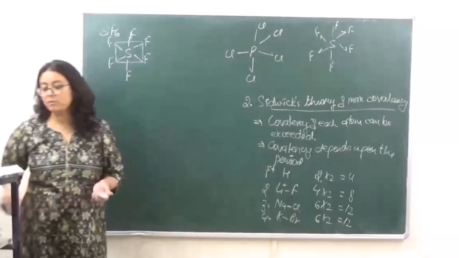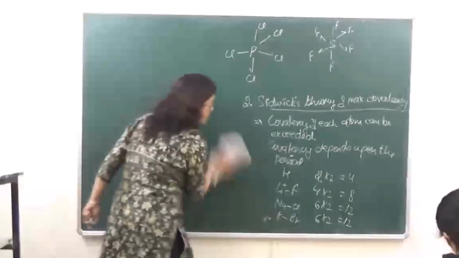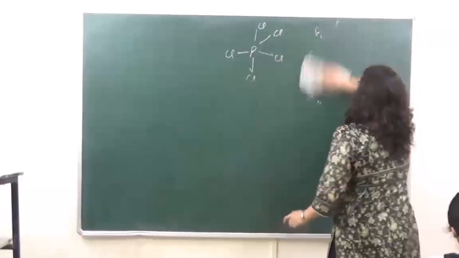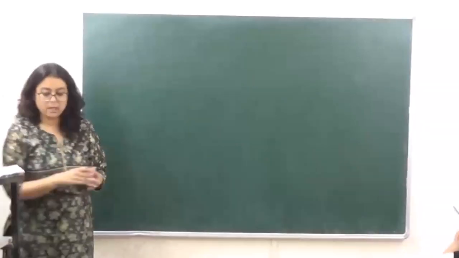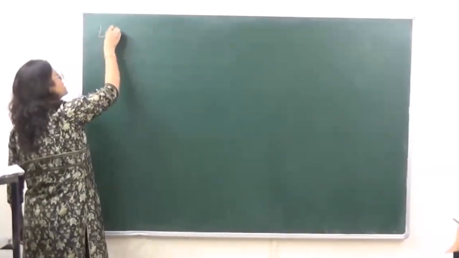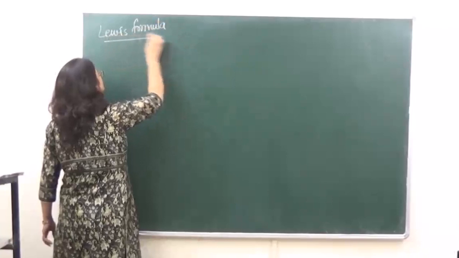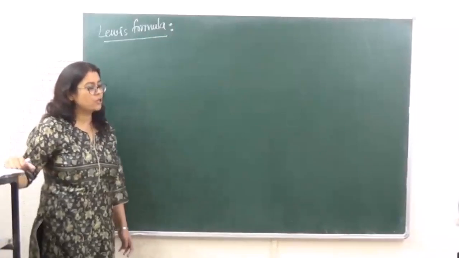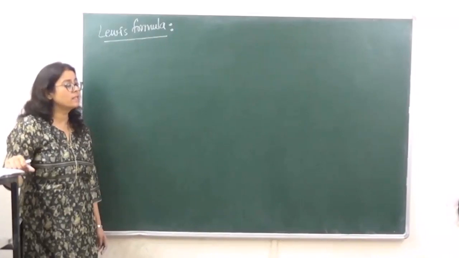Okay? Then next we come to the Lewis formula for molecules and polyatomic ions. Lewis gave us the simplest kind of formula in which the valence electrons, that is the electrons present in the outermost shell, were taken as dots surrounding the atom, right?